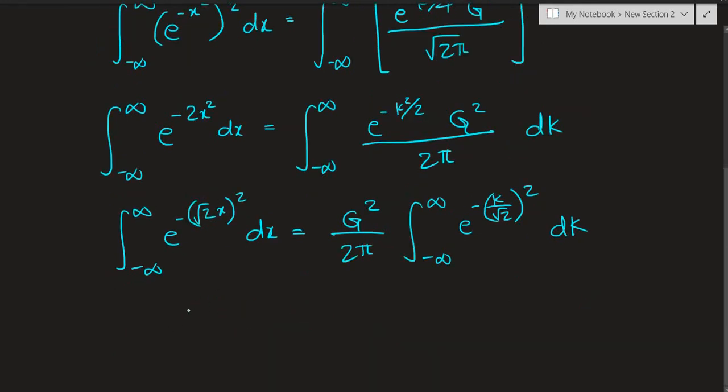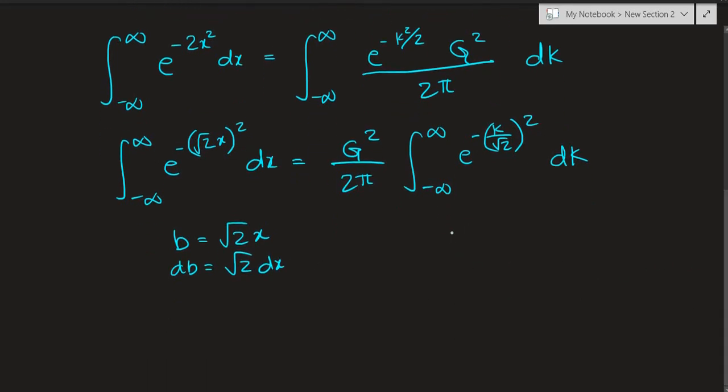So I would let b equal square root of 2x, so that db is square root of 2 dx, and on this side I would like to say a equals k over square root of 2, so dA is going to be dk over square root of 2.